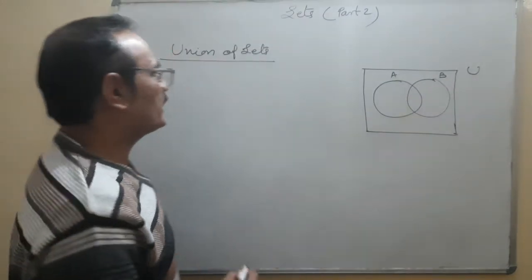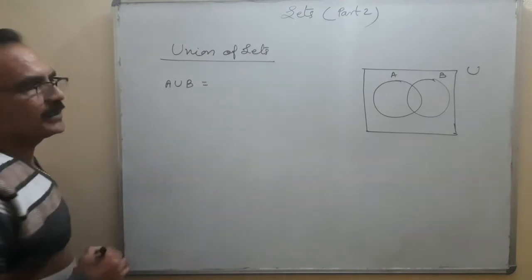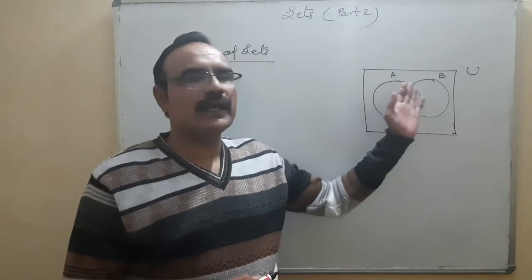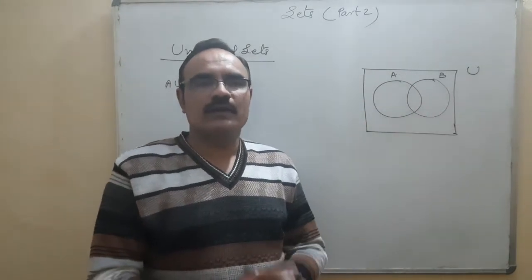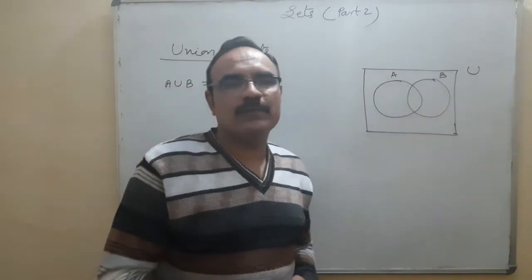Suppose when we are writing here A union B, what does it mean? We are talking about the elements which are coming in A and B both. That means the total number of elements present in A and B.